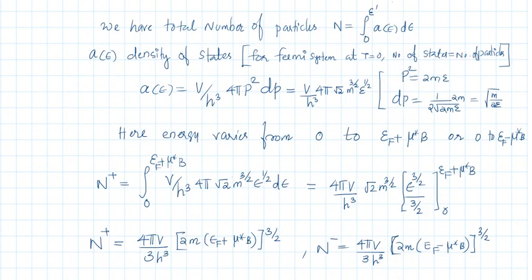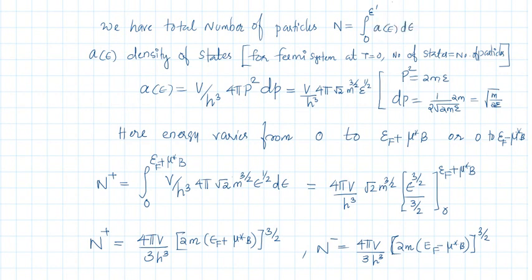You find the total number of states by taking the density of states and integrating it. For a Fermi gas at absolute zero, the total number of states is equal to the total number of particles, because each state is filled with one particle, and all the states up to the Fermi level are filled. So, in order to find the number of particles, you just integrate the density of states.